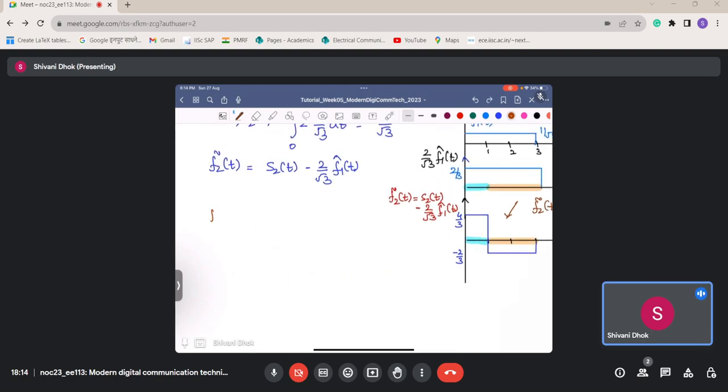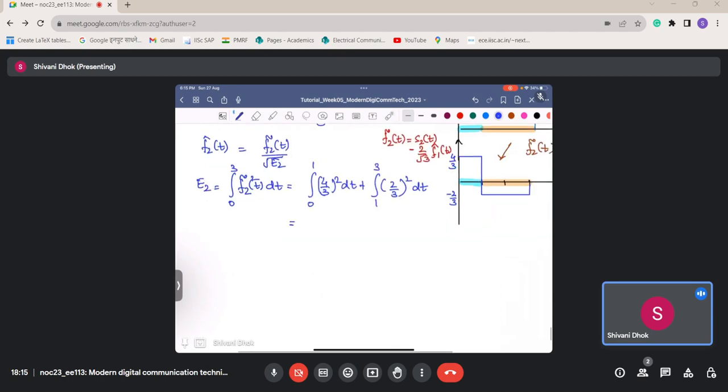So this f2 hat of t is simply f2 tilde t upon root e2, where e2 is the integral from 0 to 3 of f2 tilde t square dt, which is equal to the integral from 0 to 1 of 4 by 3 square dt plus the integral from 1 to 3 of 2 by 3 square dt.